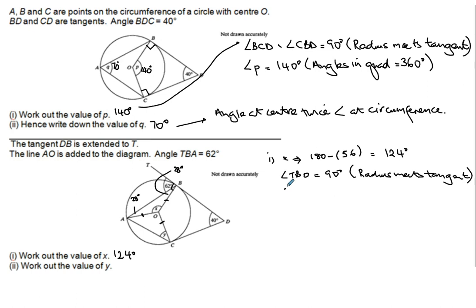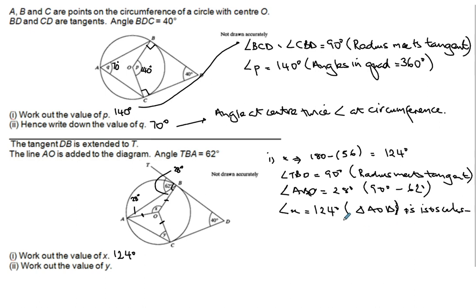And then angle ABO equals 28, 90 minus the 62, and then angle X equals 124, and you go triangle AOB is isosceles, 2 radii. Good. So that's 124 there.